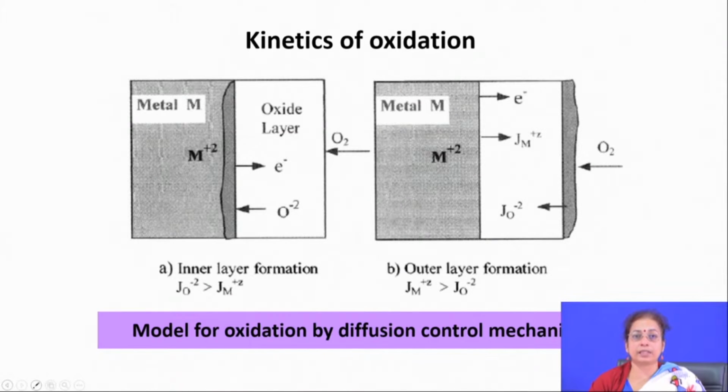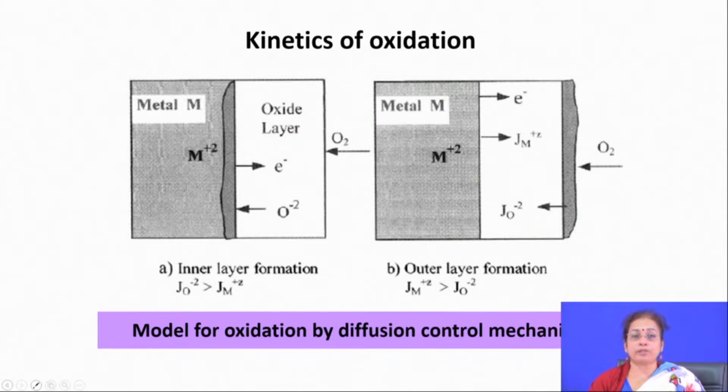On the other hand, if the metal ion just diffuses through the oxide film and comes to the interface between the oxide and the environment, then at the surface of the oxide there is the oxidation process. So, that is basically by outward movement of the metallic ion.